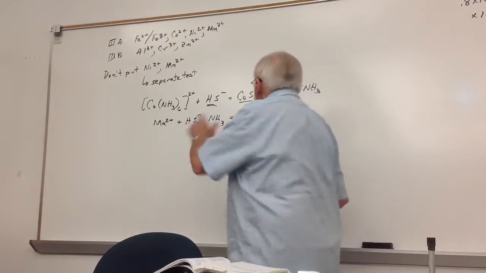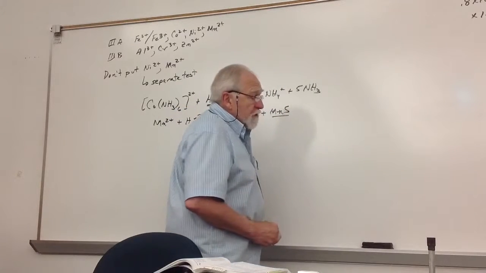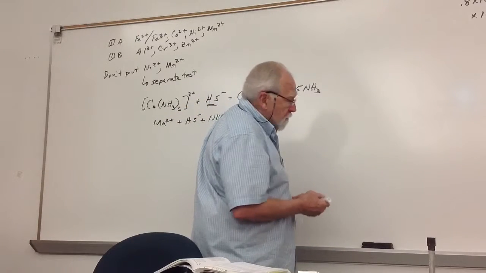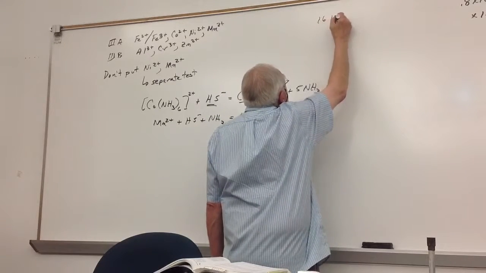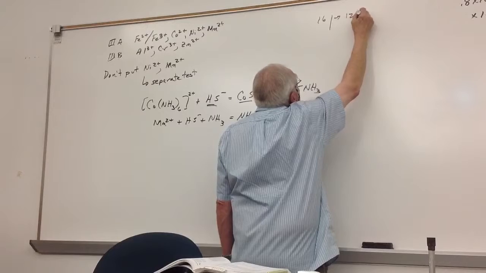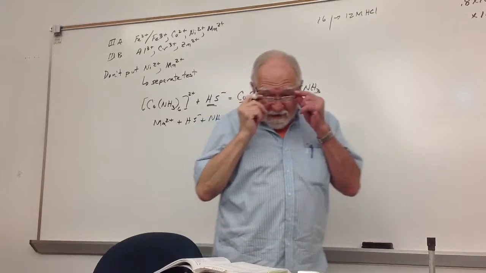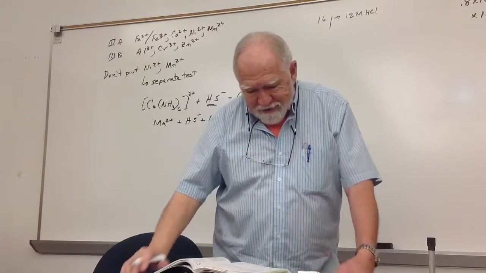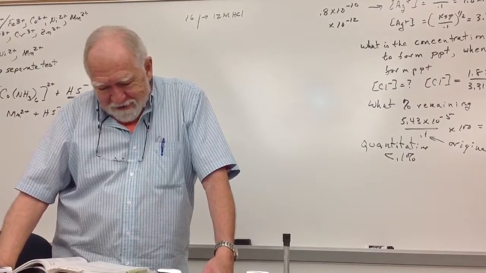You don't have this sulfide or the nickel sulfide. Most of the stuff dissolves in HCl. So this is procedure 16. And it says boil for 30 seconds here somewhere. And for some of the unknowns, it means 30 minutes. Okay?